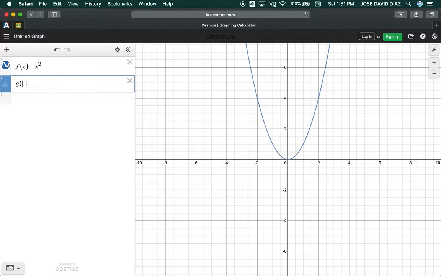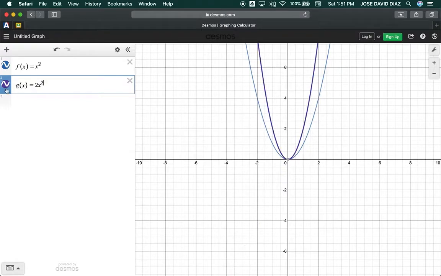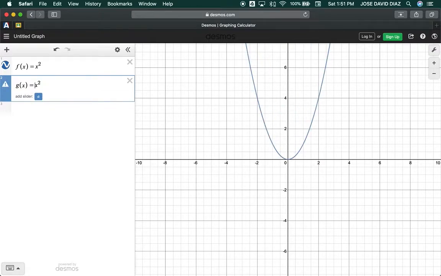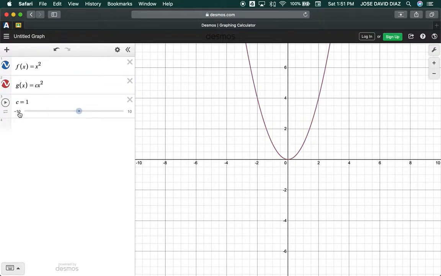Let's just call that g of x, and if I type in c x to the power of 2, and let me put this as red. So if this is a 2 or a 3 or a 4 or a 5, or in this case c.